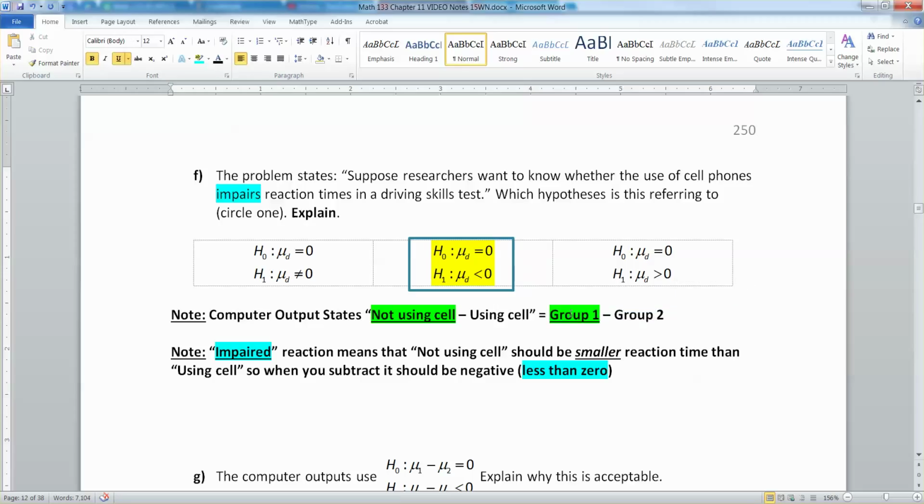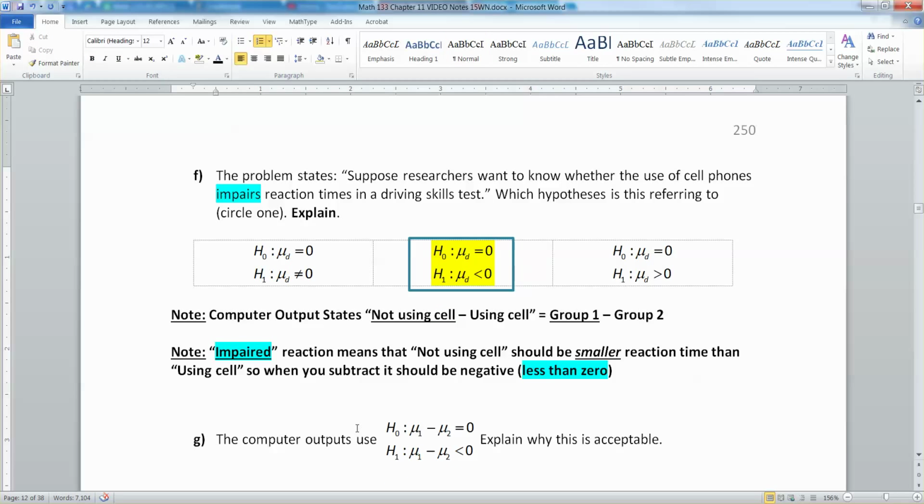So when we subtract like that, it should be negative, i.e. less than 0. Because you expect the using cell phone group, group 2, to be larger than the not using cell phone group. You expect the not using cell phone group to be smaller. I'm going to get rid of that color just to make it clearer. All right, so this not using cell phone group is smaller, and since the smaller one's in front, when you subtract, you should be negative.